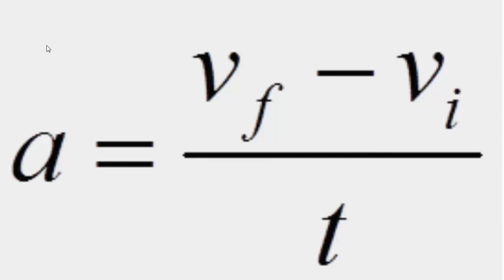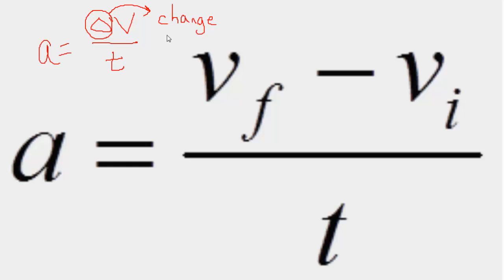Another way to look at this equation is A is equal to a change in V, a change in our velocity, all over time. Remember that this triangle in high-level math means a change in. So acceleration is simply a change in our velocity over time.